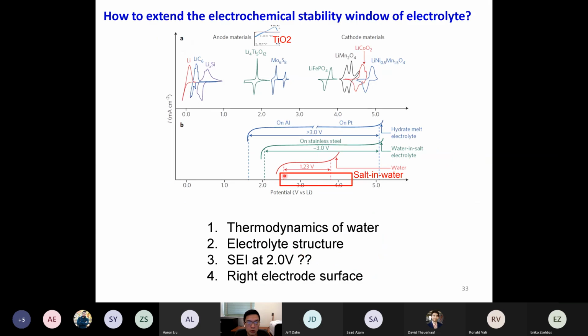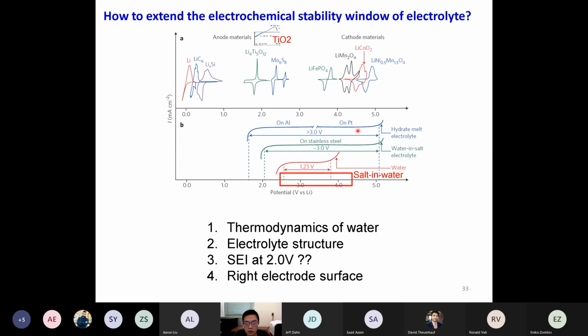But what's more important is how we're going to extend the stability window of the aqueous solution from 1.2 volt to 3 volt. So this is a summary of the most recent efforts to do that.